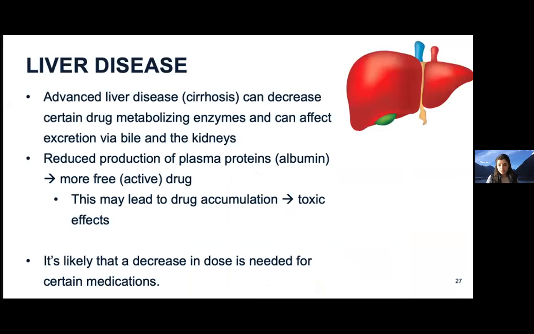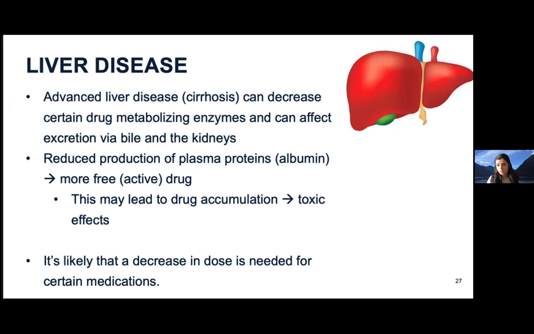So as I was saying, liver is a very key area for drug metabolism. So many drugs rely on the liver's ability to transform the drug in order to not be released into the bloodstream at toxic levels. So if there are issues in the liver's ability to do so, there may be some consequences, especially if there's severe liver disease.